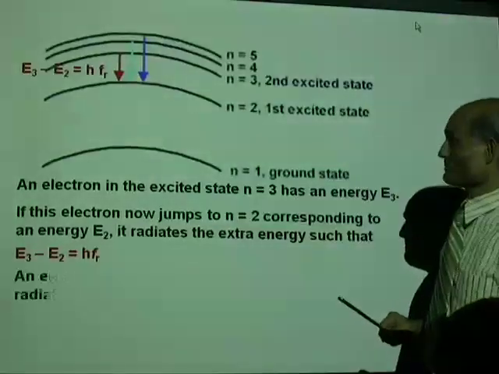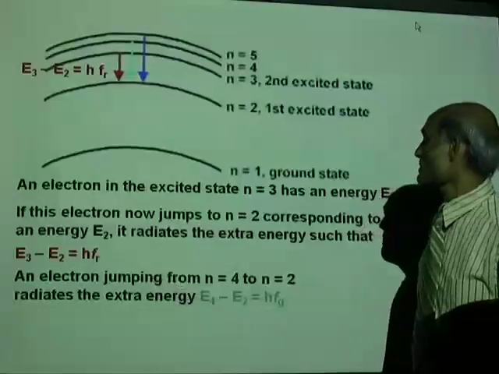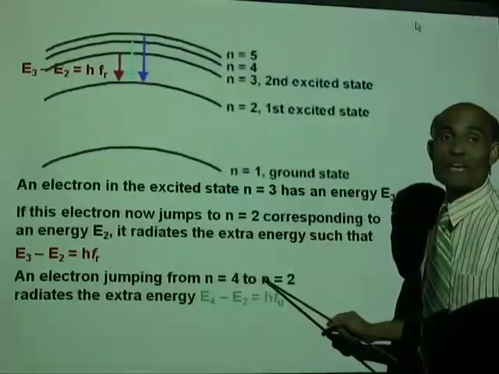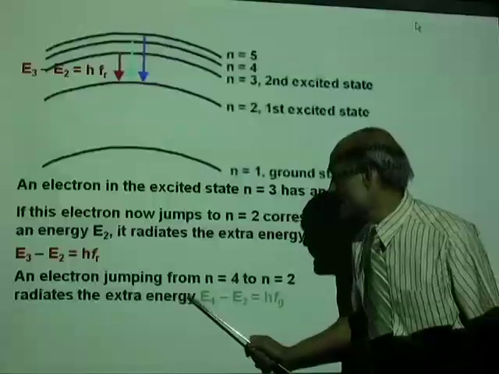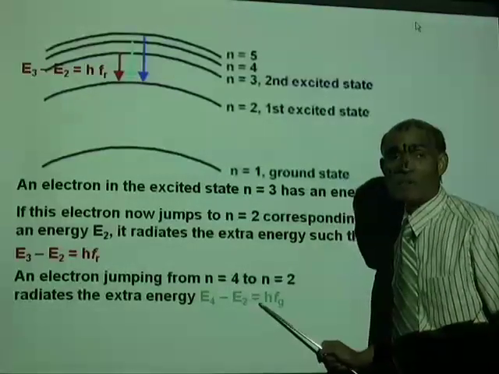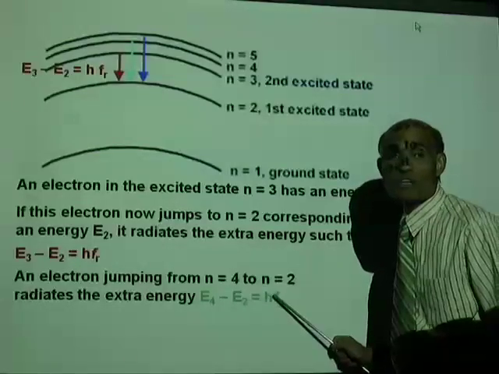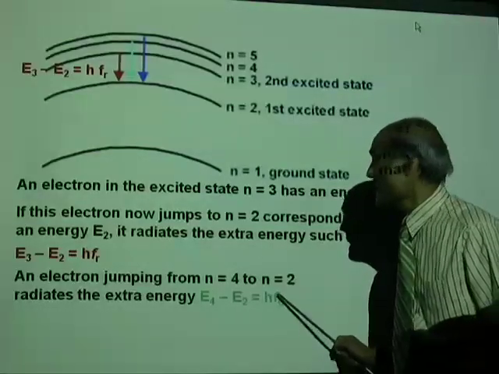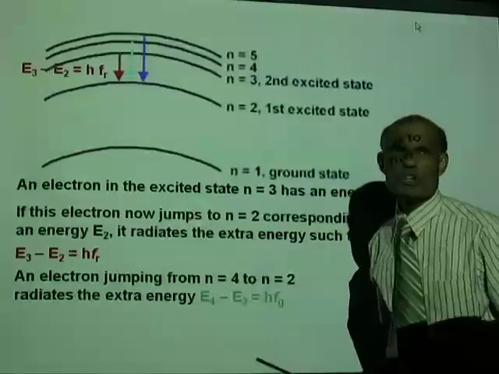And so on. So an electron jumping from n equal to 4 to n equal to 2 will radiate the extra energy E4 minus E2. And that will be h times the frequency of the green light. That is the green light. Doesn't look green, does it?